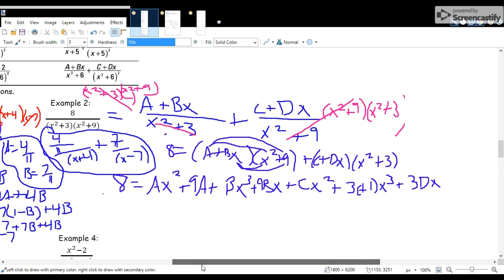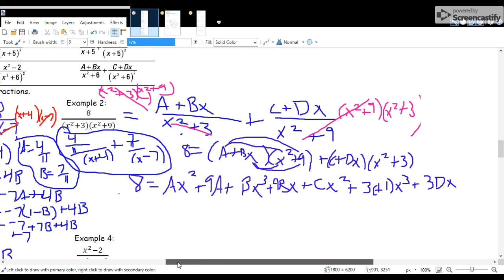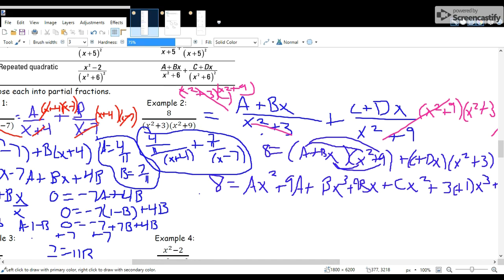And so once you get that, we're going to turn this into 4 separate equations for a system of 4 equations. So our constants, we can really think of it as 0x to the third plus 0x to the second plus 0x plus 8.